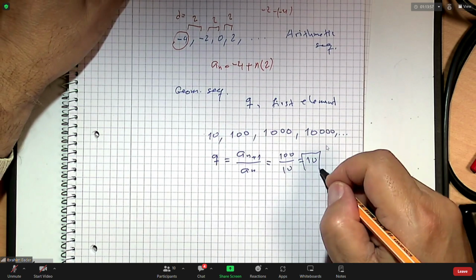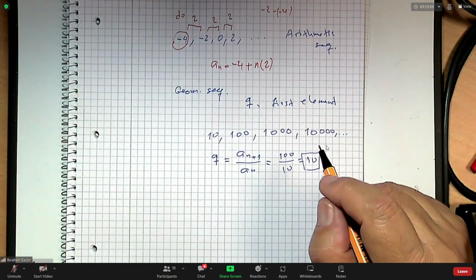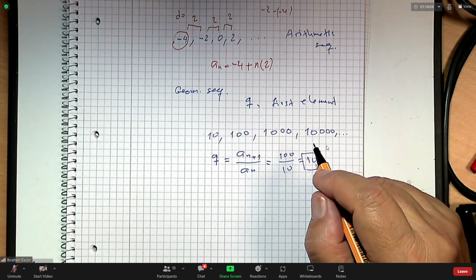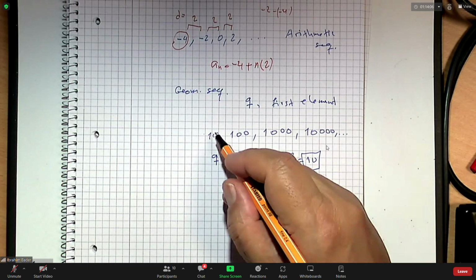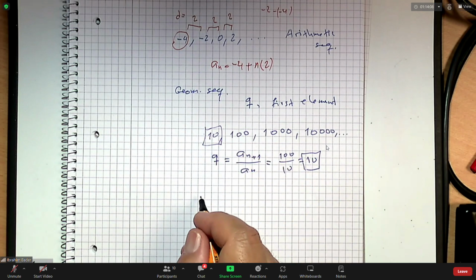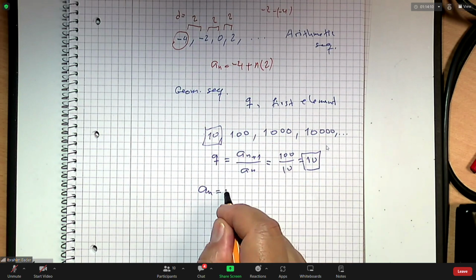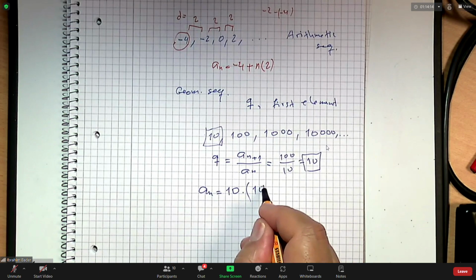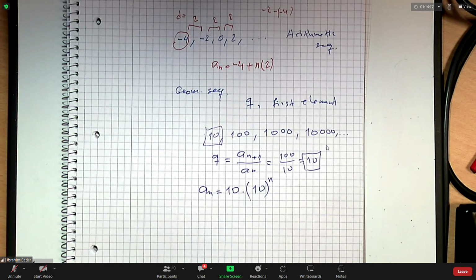So this is Q. How to evaluate Q? You divide two successive terms and you get Q. Now you know this is the first element. So AN here is equal to 10, the first element, multiplied by Q, in this case 10, to the power N. Okay? You can say it's 10 to the power N plus 1 ultimately.